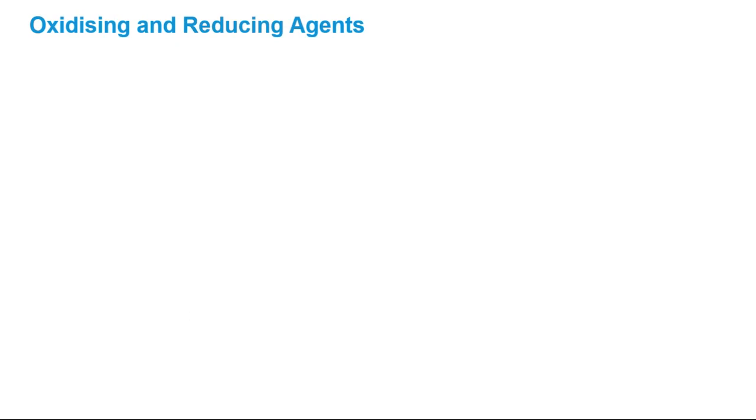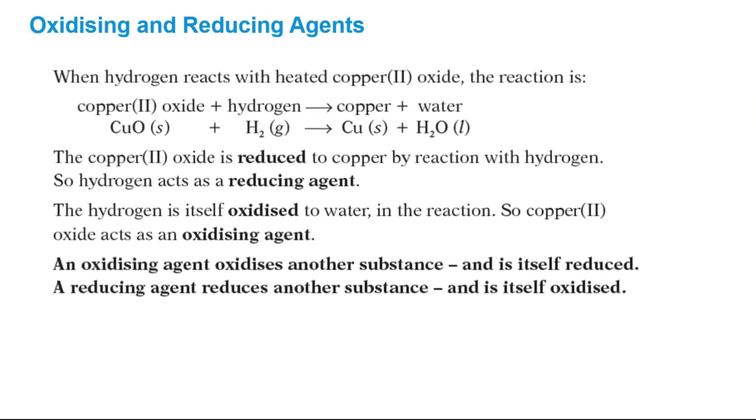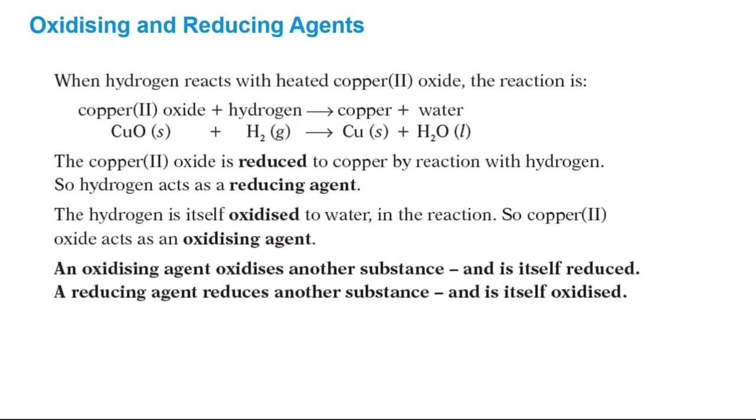Oxidizing and reducing agents. What are oxidizing and reducing agents? Look at this example. When hydrogen reacts with heated copper oxide, copper and water are produced. When copper oxide is reduced to copper by reaction with hydrogen, hydrogen acts as a reducing agent.